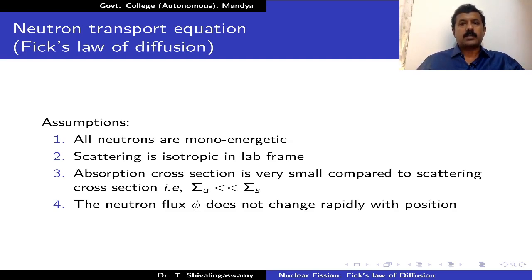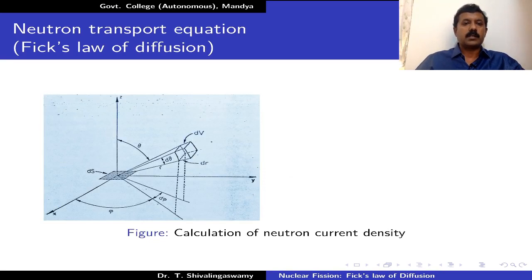With these assumptions, we try to deduce Fick's law of diffusion, for which we consider this kind of geometry. We assume that there is an elemental surface ds where this neutron density calculation is made.